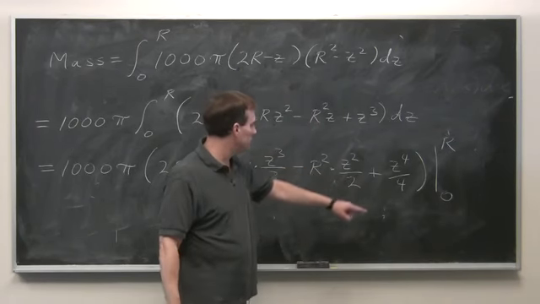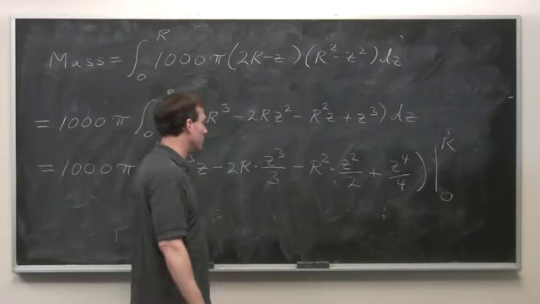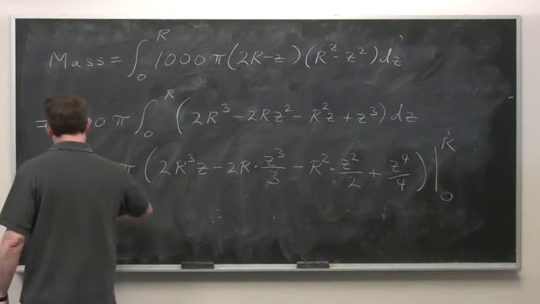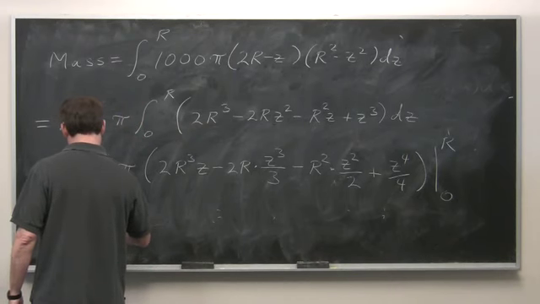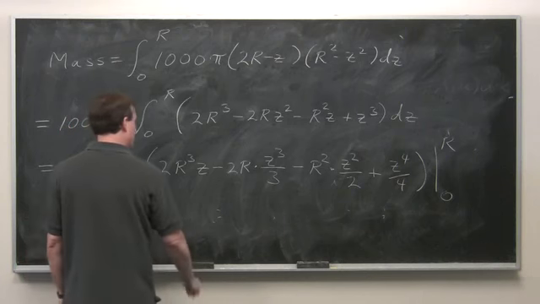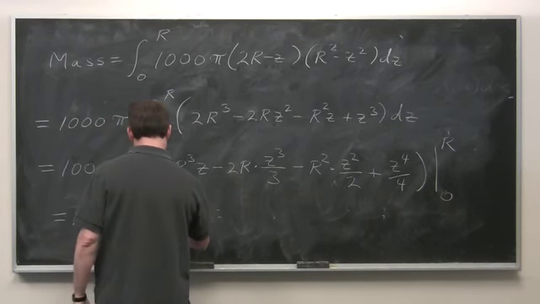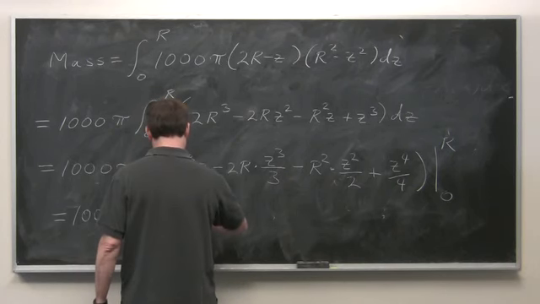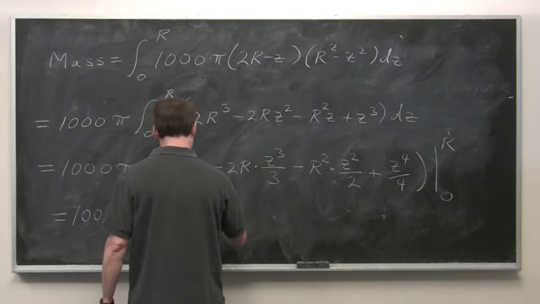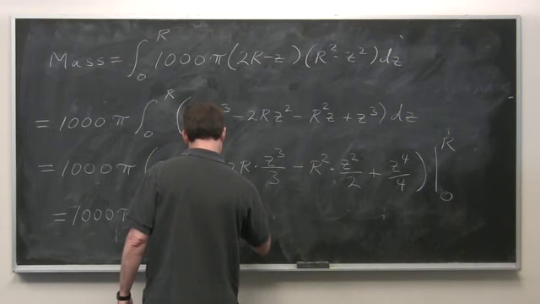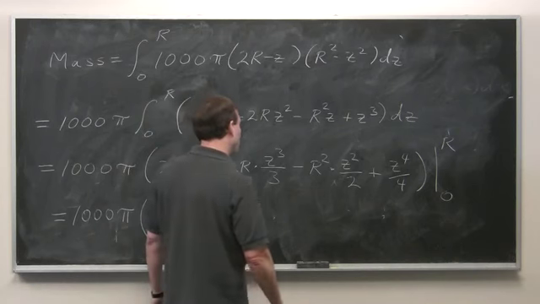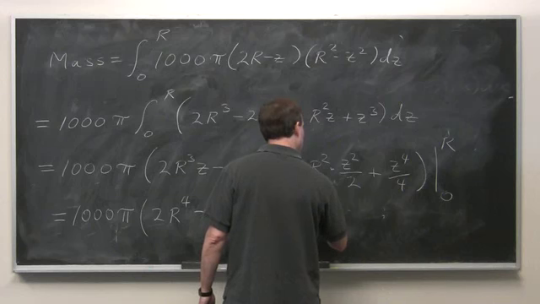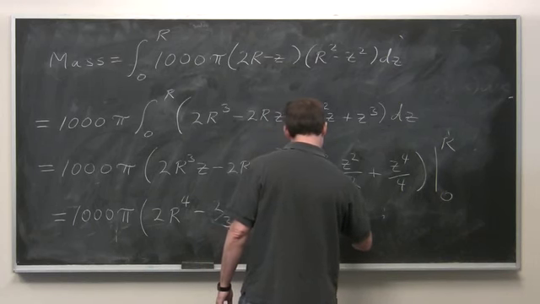And certainly when we plug in z as 0, every one of these terms becomes 0, so what we get is this quantity with z replaced by R. So we get 1,000 pi times, when you put in z as R, a 2R to the 4th minus 2/3 R to the 4th minus R to the 4th over 2 plus R to the 4th over 4.